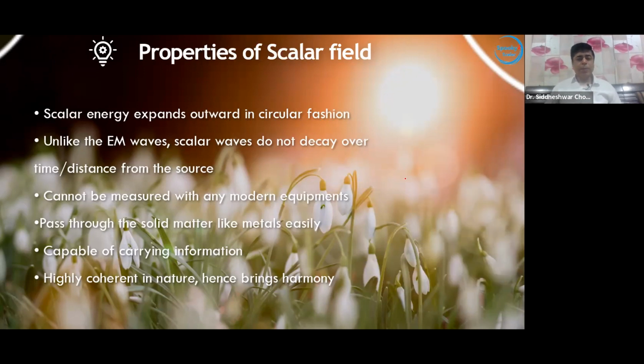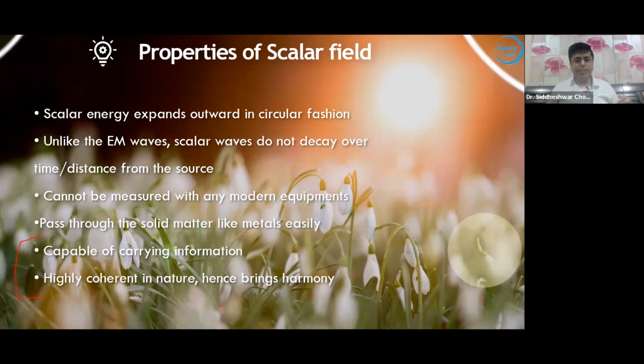The next very important point is that scalar waves can pass through solid matter like metals. So it makes your job easier. When we learn the working, you will appreciate this point. The most important characteristics of the scalar field for me are the last two.